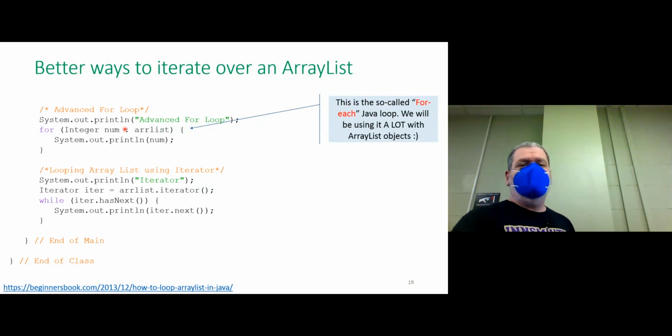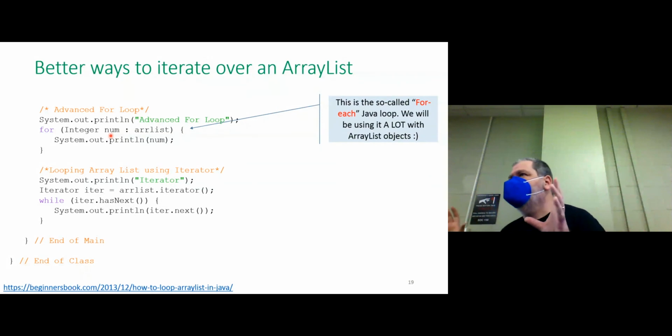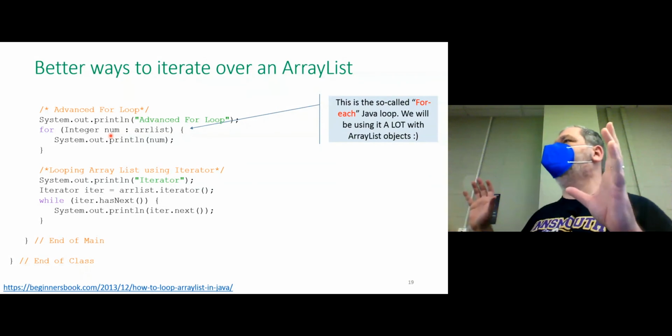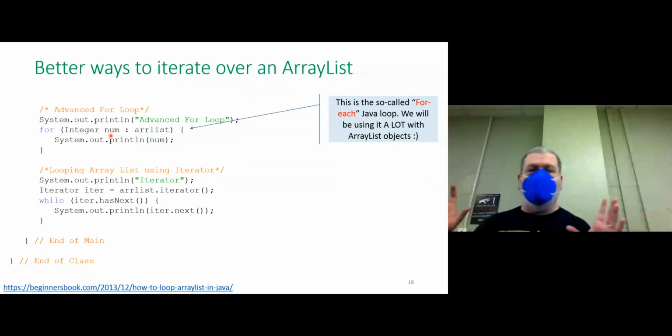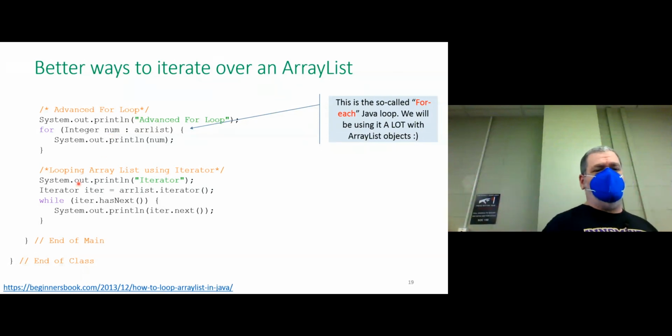So the colon here is read like inside, and we declare a variable which is going to have for scope only that for each loop. So the variable num exists only inside the for each loop. Okay, I cannot use it afterward, after the closing curly brace here.